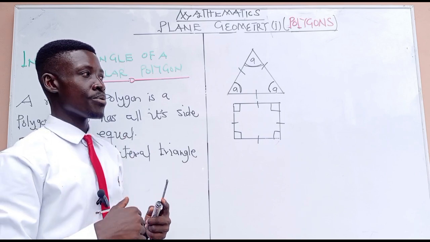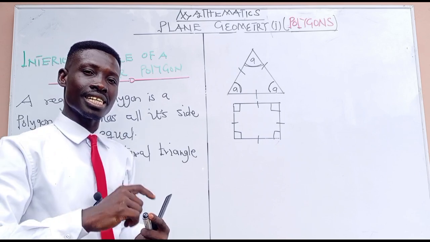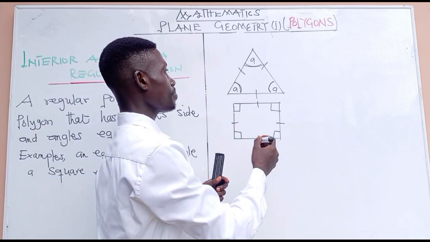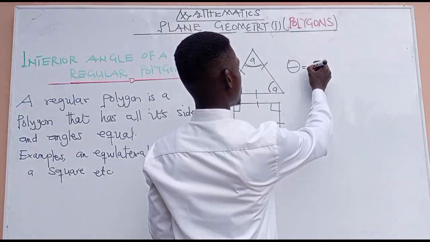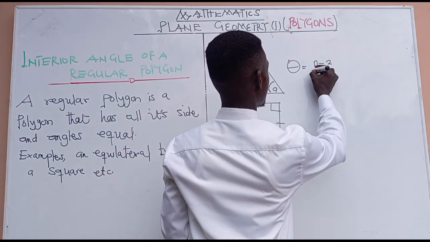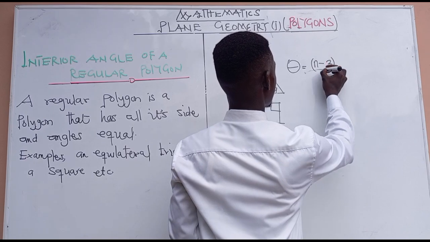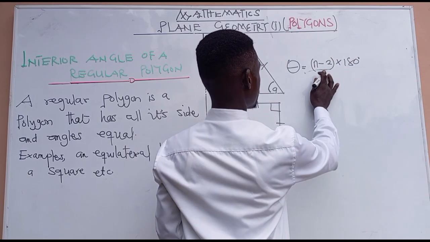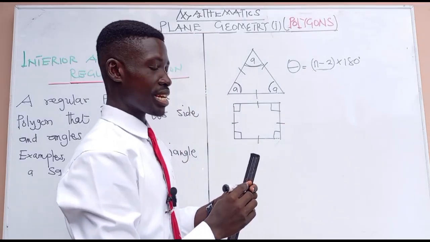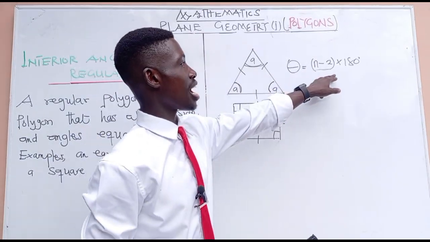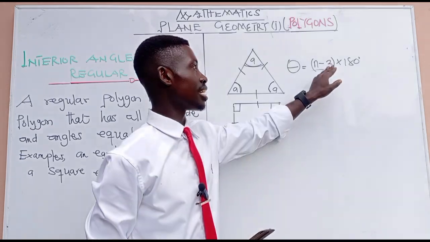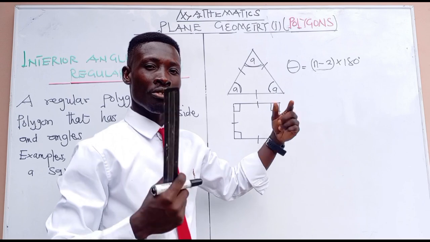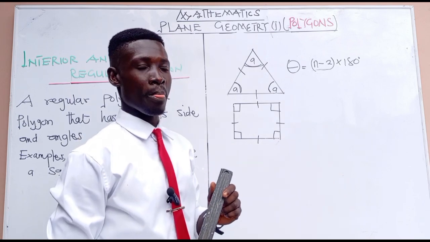Now remember, we have already established that the sum of interior angles of every polygon is given as n minus 2 times 180, where n is the number of sides of the polygon.